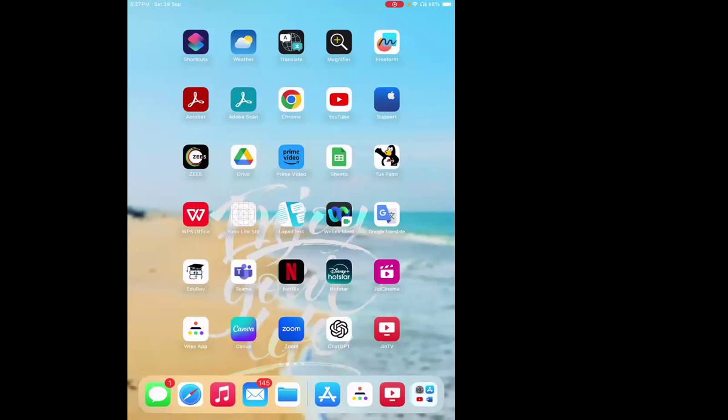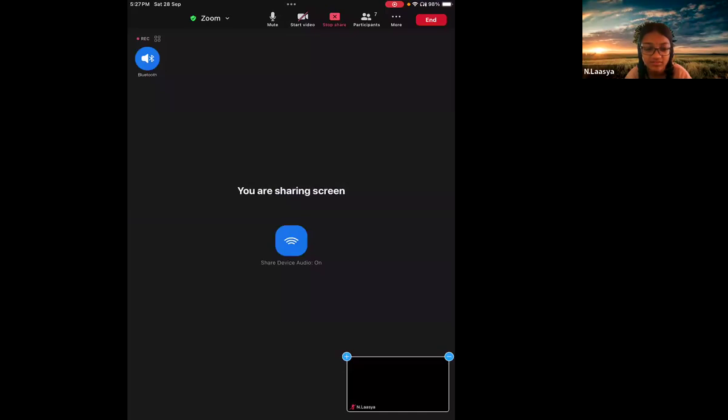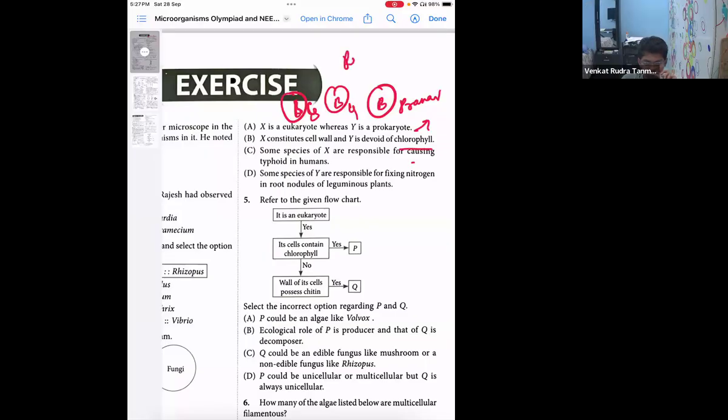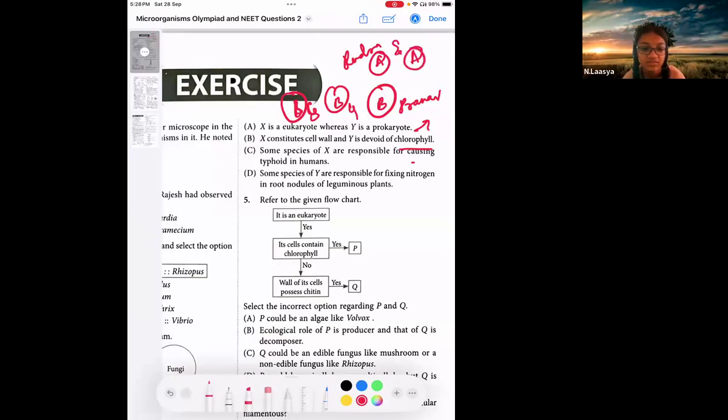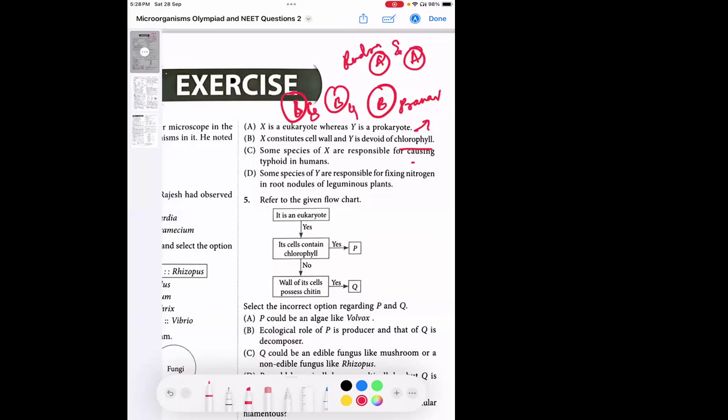Who else is joined? Rudra, what about you? Ma'am, A. Okay, Lasya, Gautam, then Rudra and Gagana, they are saying A, right?